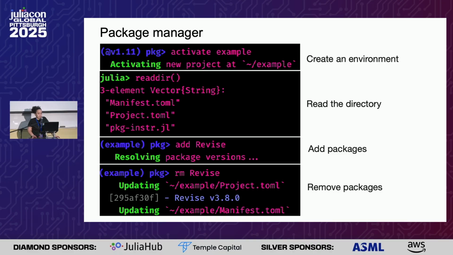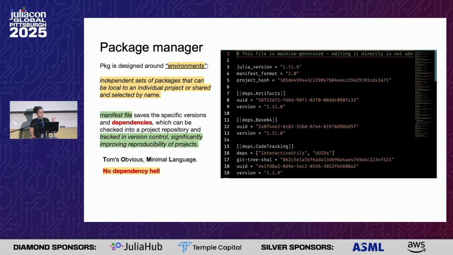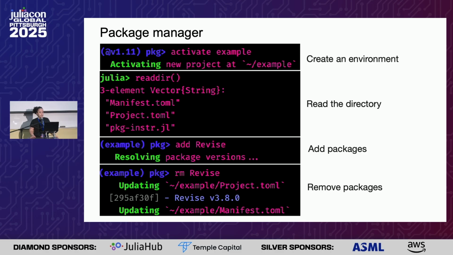And to create an environment, you can use the command activate, and this will immediately create a new project. Once you do that, you create two files, one called manifest and the other one called project. They are written in Tom's Obvious Minimal Language, so it's a TOML file. And let's just open these files and see what's in there.